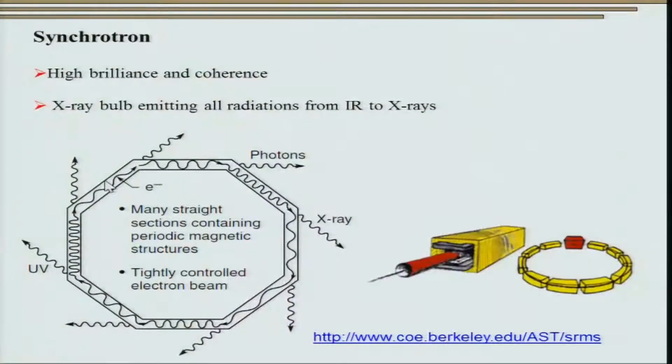Here you see that it comprises a large ring comprising straight and curved sections. A very good collection of synchrotron notes is available on this Berkeley site, and I request you to go through Professor Atwood's lecture on synchrotron, wherein he covers the details of synchrotron generation as well as various experimental techniques that can be used with synchrotron.